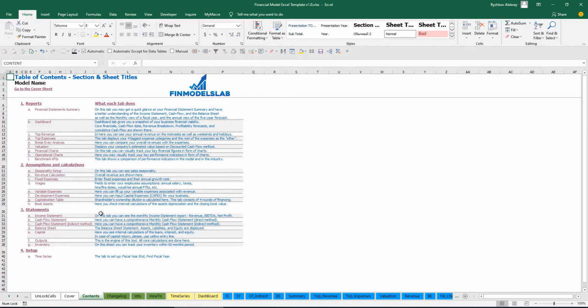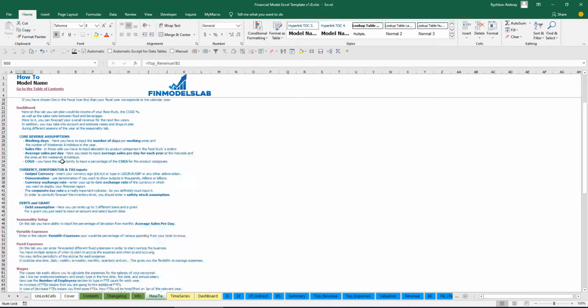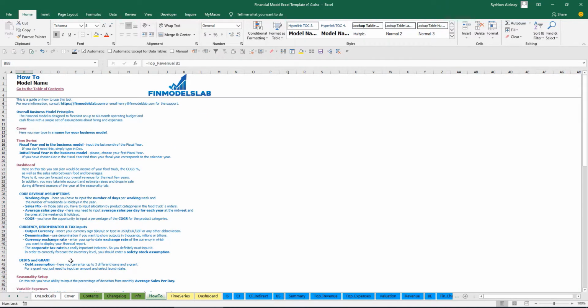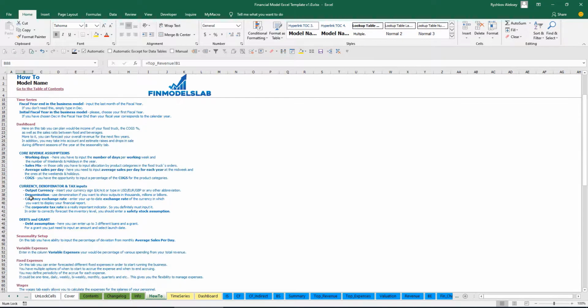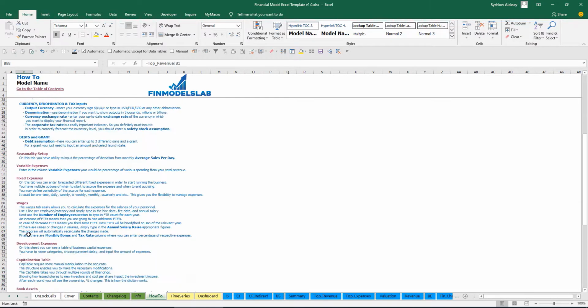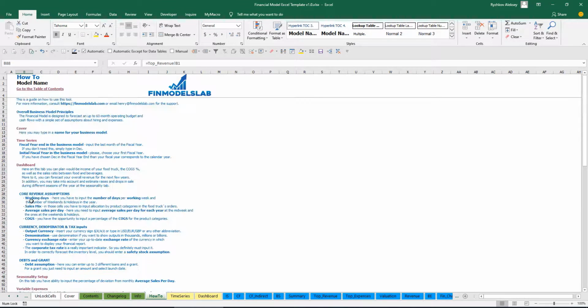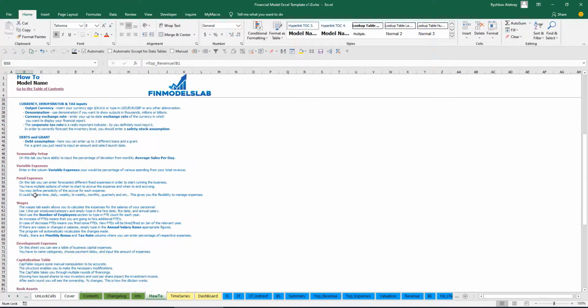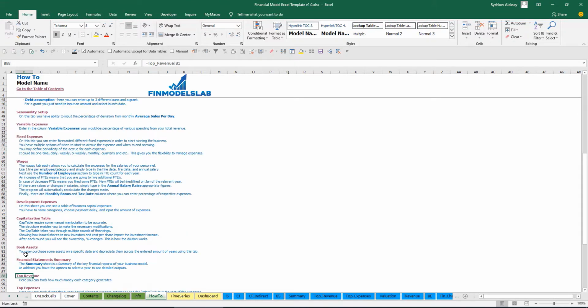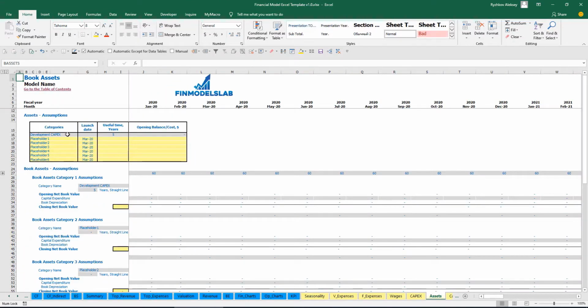There is a short explanation about what each tab does, but if you want to know more, you can go to How To and see a more detailed explanation of what each tab does and what inputs and outputs you may find on each sheet. Any header of this section is also clickable, so you may click on, for example, Book Assets, and you go directly to this tab.